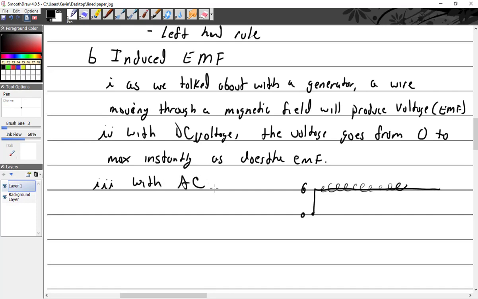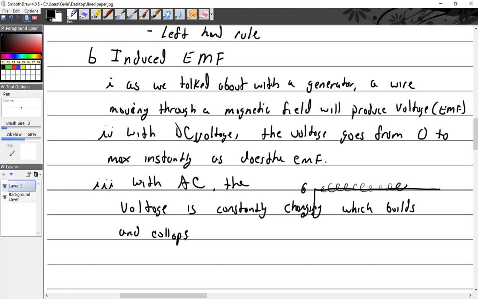With AC, the voltage is constantly changing. Because it's constantly changing, which builds and collapses a magnetic field around the wire.